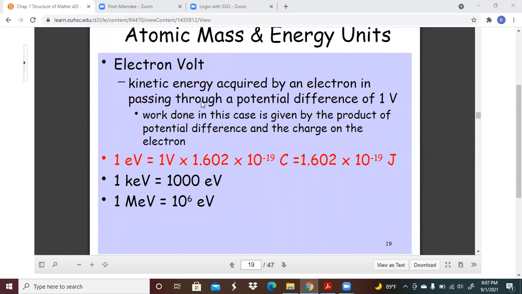The electron volt is the kinetic energy acquired by an electron in passing through a potential difference of 1 volt. The work done in this case is given by the product of the potential difference and the charge on the electron. So 1 eV is 1 volt times the charge on the electron, and you'll notice that you come up with joules.